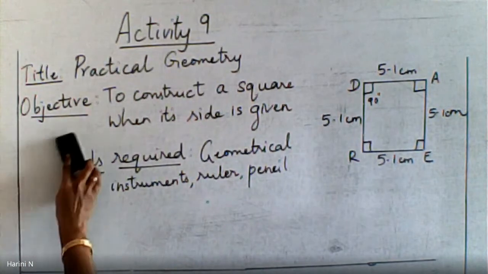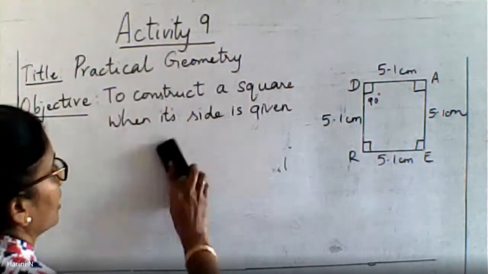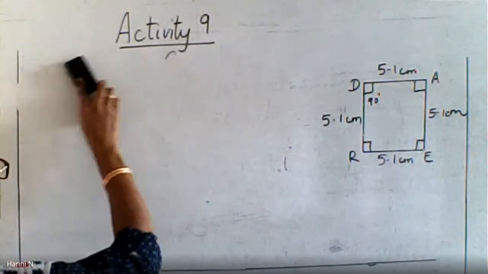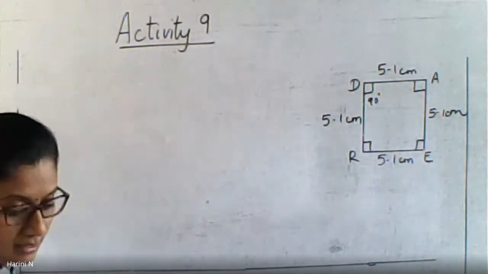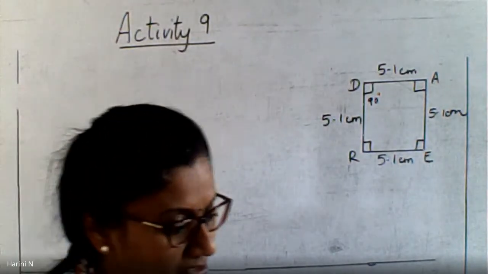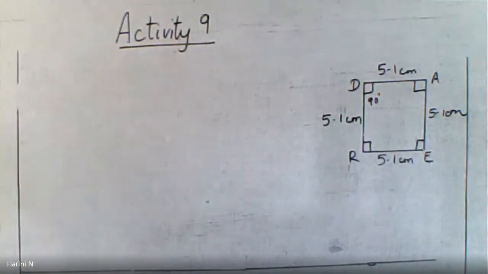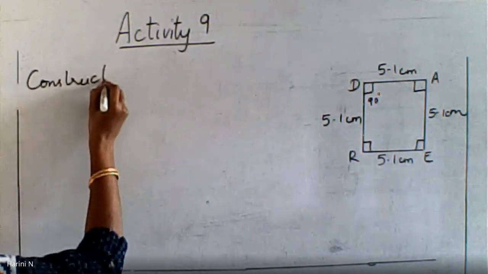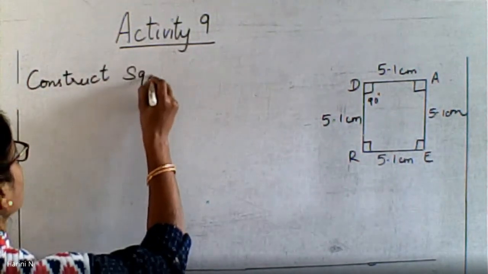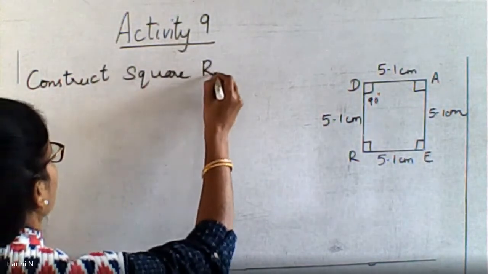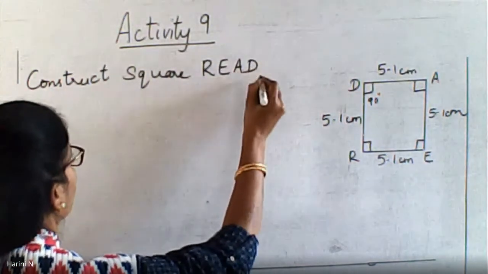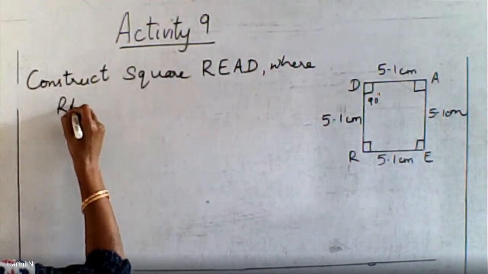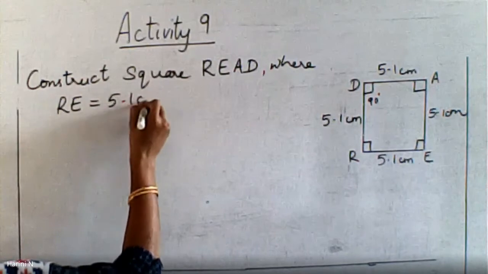Now I am talking about my left hand side, where you have to write down the question and draw the rough diagram. So let me come back to the question. The question says, I have to construct a square READ, where one of its sides, that is RE, is given to be 5.1 centimeters.